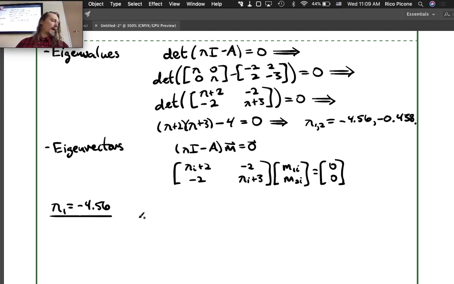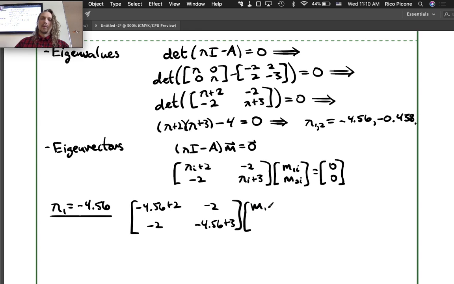That gives us negative 4.56 plus 2, negative 2, negative 2, negative 4.56 plus 3, times m11, m21, equals 0, 0.